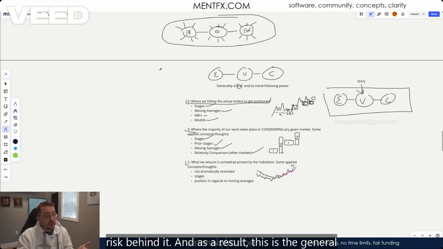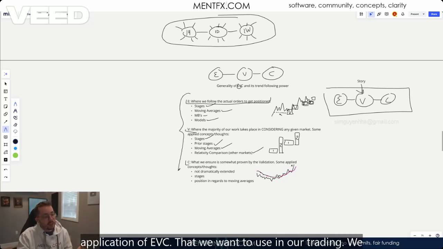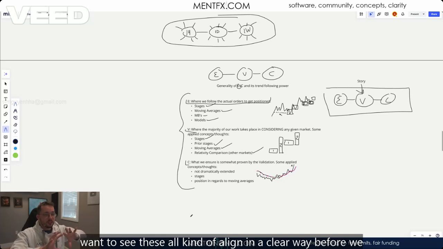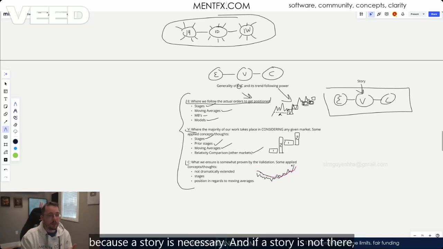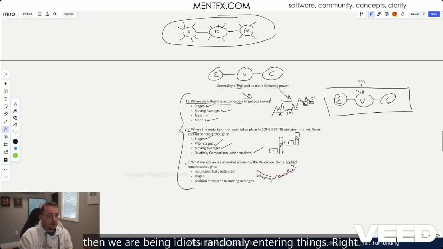As a result, this is the general application of EVC that we want to use in our trading. We want to see these all align in a clear way before we look to actually enter a given market, or enter for the MBs that are forming, whatever it might be, because a story is necessary. And if a story is not there, then we are being idiots randomly entering things, right?